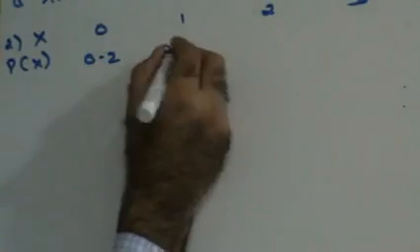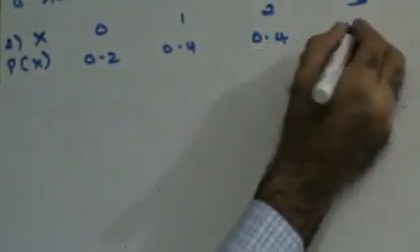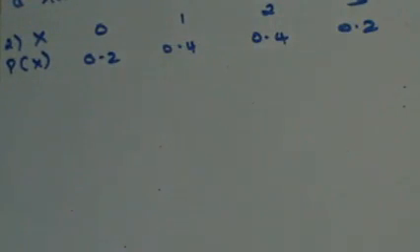Next, let's see the next sum. Similar type, x is 0, 0, 1, 2, 3 and probability of x is 0.2, 0.4, 0.4 and 0.2.